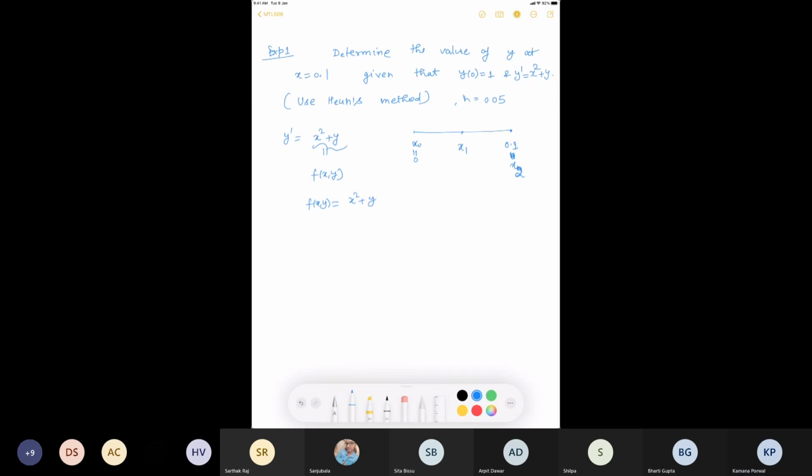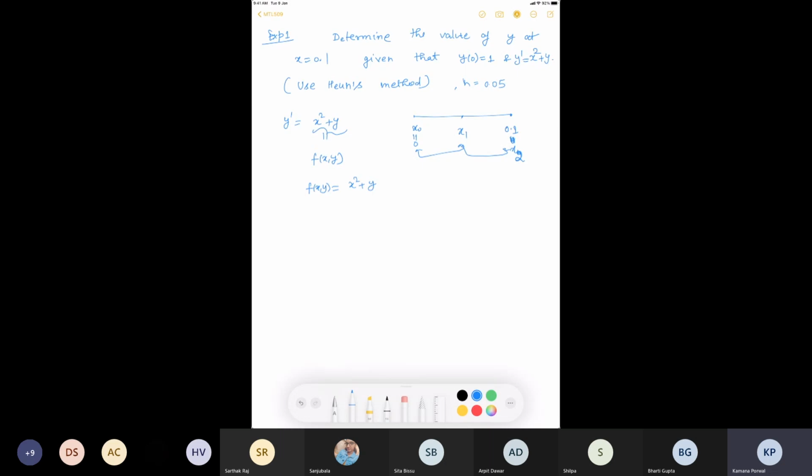So we have to go from x0 to x1, and then from x1 to x2. So first we have to find the approximation of y at the node x1, and then we have to use that to find the approximation of y at x2. So let's apply this.